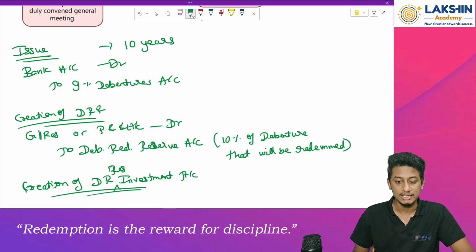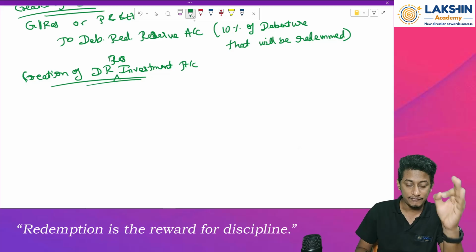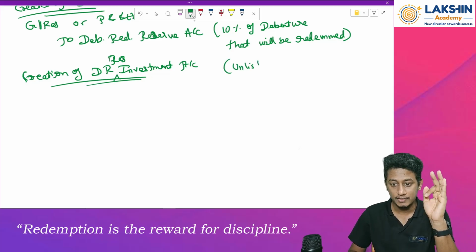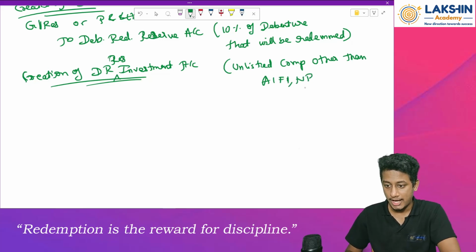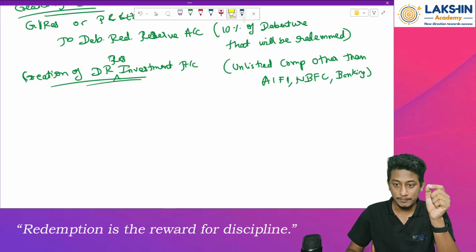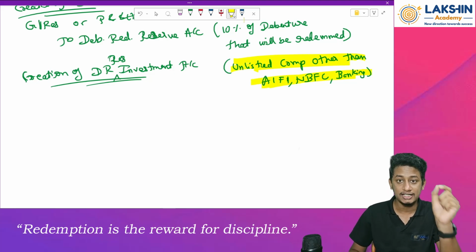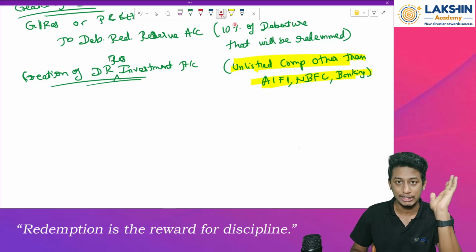What the Companies Act or RBI mandates is that for certain kinds of companies, and in this chapter all the questions will be based on unlisted companies other than AIFI, NBFC or banking companies, for these kinds of companies issuing debentures, there is a mandate to invest some part of the amount that is going to be redeemed into some securities prescribed by RBI.